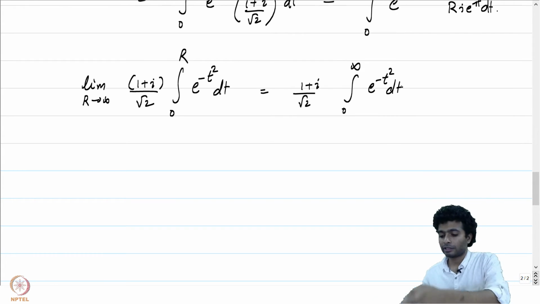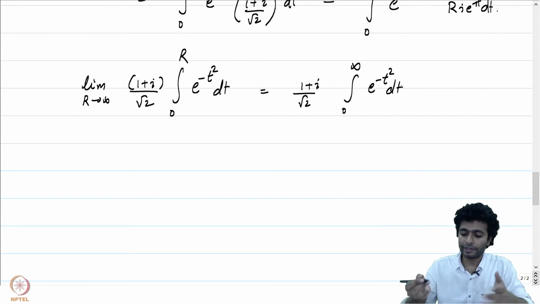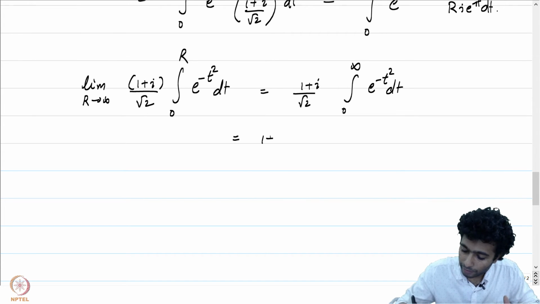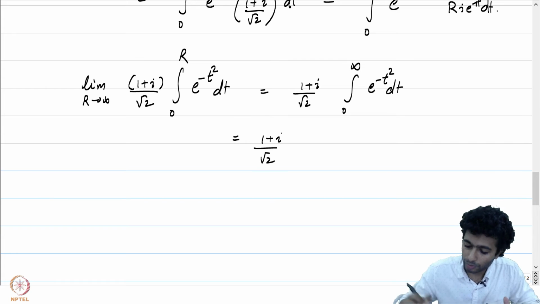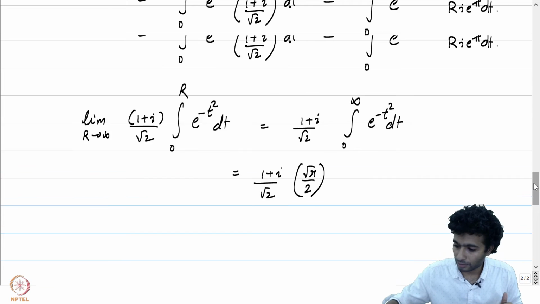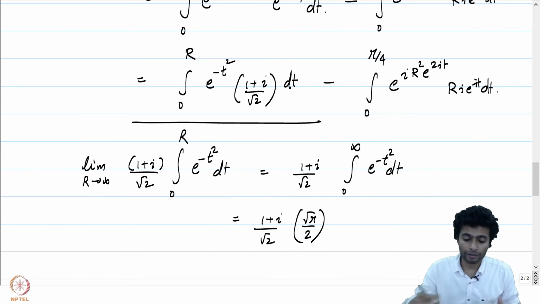Notice that e to the power minus t square dt is the standard Gaussian integral. In fact, minus infinity to infinity would have been the Gaussian integral, but we know from the Gaussian integral that this is equal to 1 plus i by root 2 times root pi by 2. That's precisely the limit as r goes to infinity of the first term. So this is something which has been taken care of.